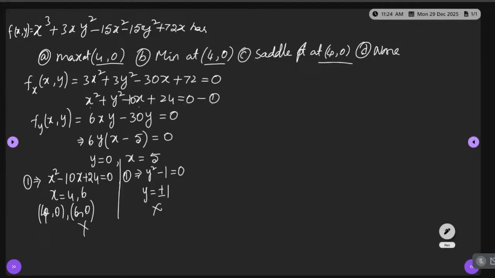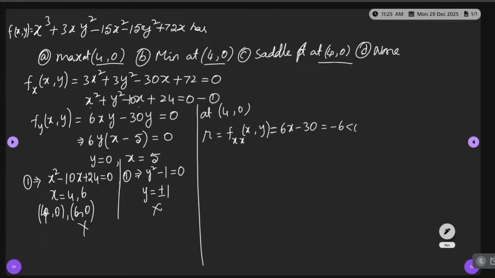At (4, 0), r equals to f_xx of (x, y). Double derivative 6x minus 30, that is 24 minus 30, minus 6, less than 0.